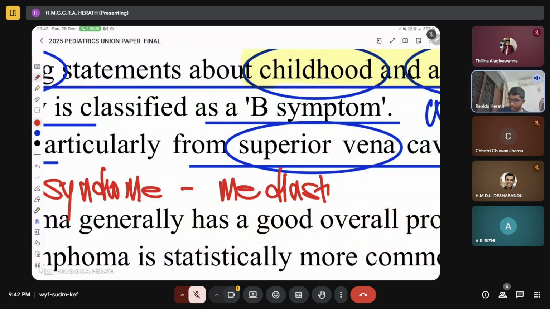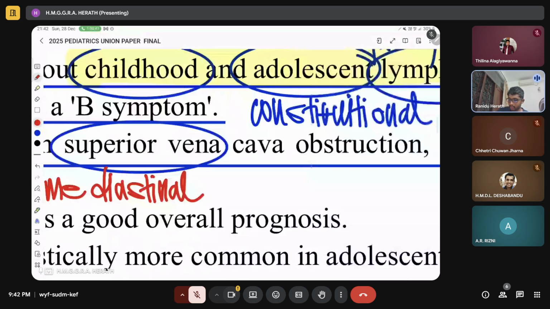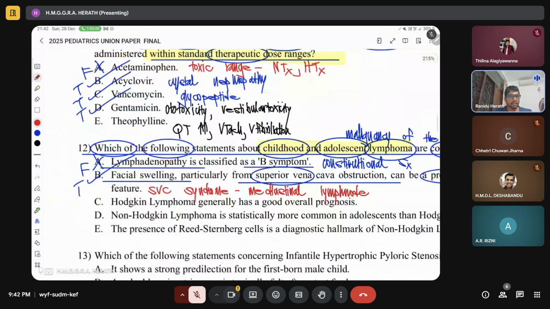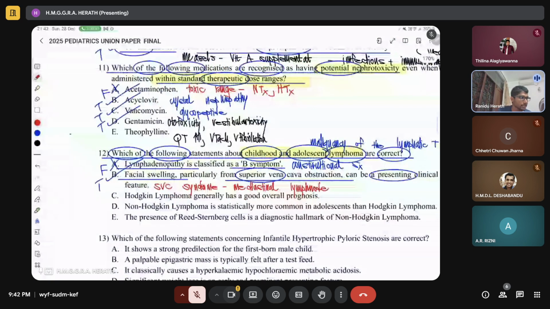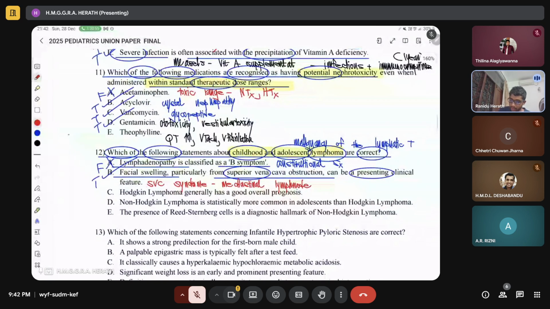So if Hodgkin lymphoma or non-Hodgkin's lymphoma involves the mediastinal lymph node group, if it increases in size, it can cause obstruction of the superior vena cava, and that can cause superior vena cava syndrome with swelling of the face. Understood?